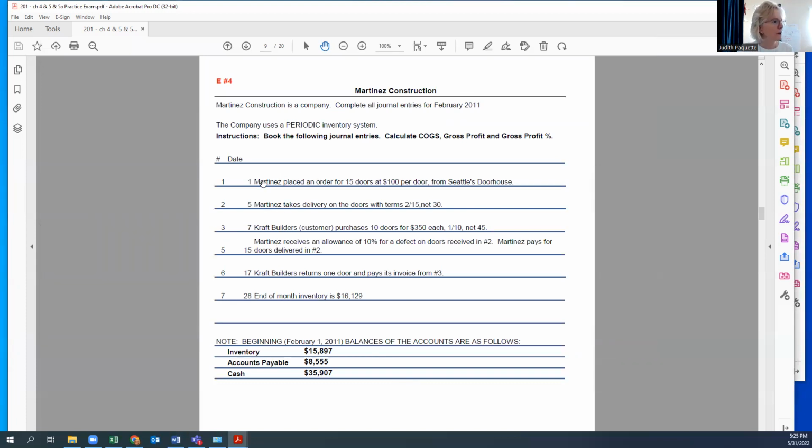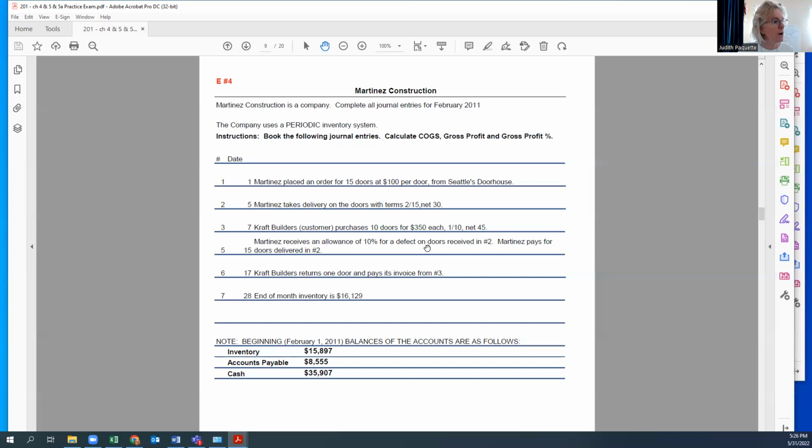Okay. So company places the order. That's a purchase transaction. Company takes delivery of the doors. That's a purchase transaction. And then because of the way I've worded this, Kraft purchased doors, it's the customer, but I didn't say Martinez sells to Kraft. You have to read the whole sentence and realize, oh, Martinez sold to Kraft.